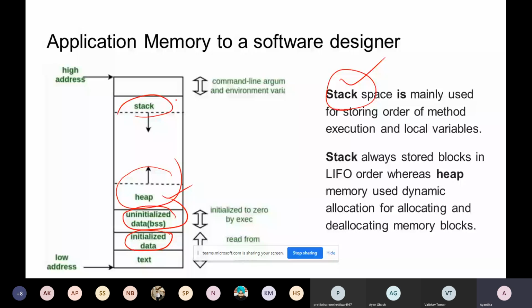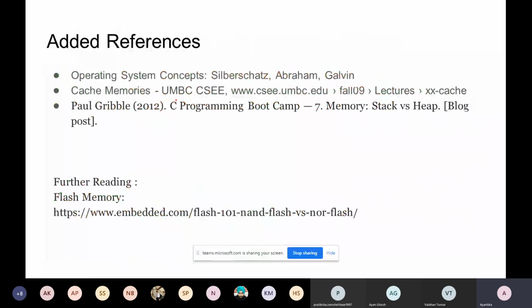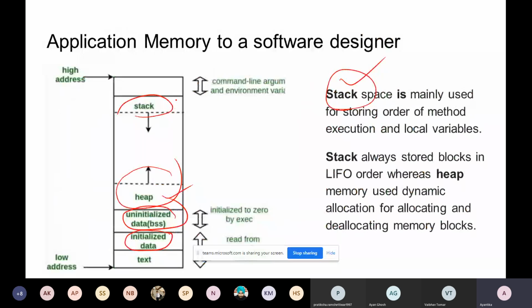In the back end, everything is taken care of by the operating system and later on in the hardware part. So this is the view of the application memory, the part in which a software engineer deals. These are a few words about memory organization and how it affects your software design.